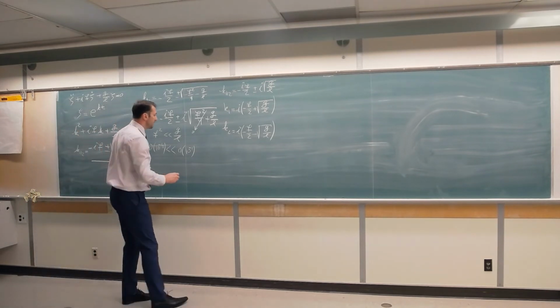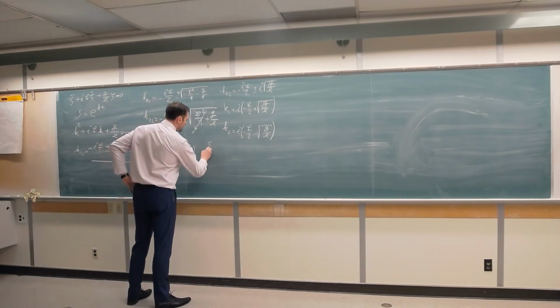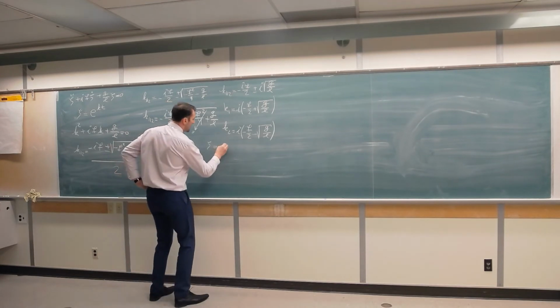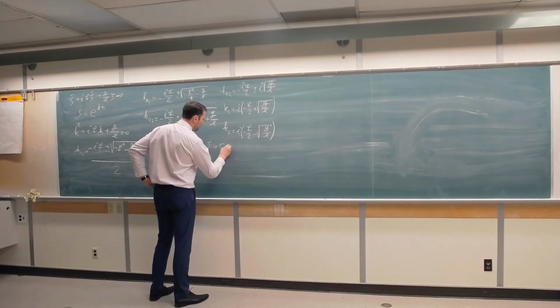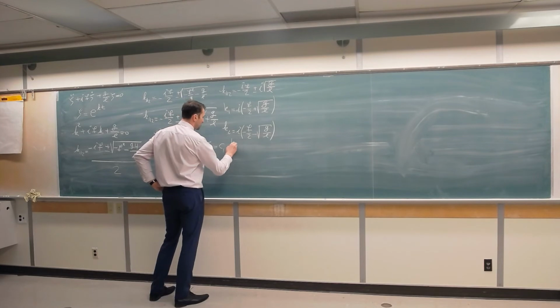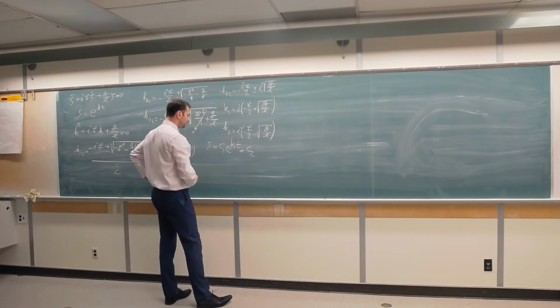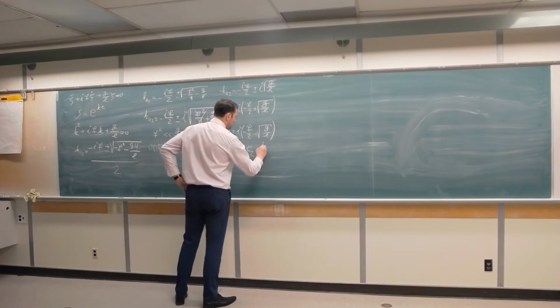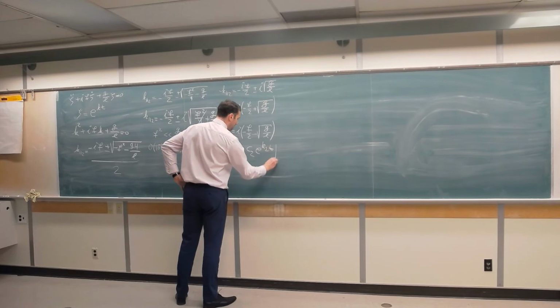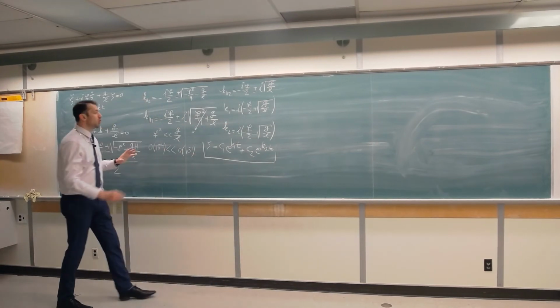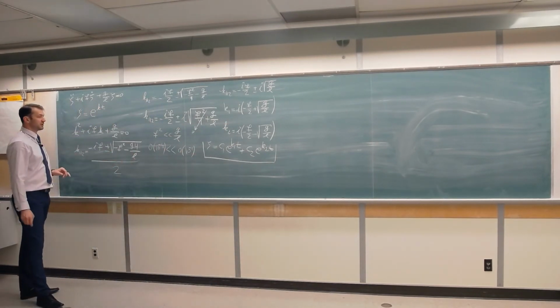Namely, zeta equals some arbitrary coefficient C1 e to k1 t plus some arbitrary coefficient C2 e to k2 t is also a solution of this differential equation.